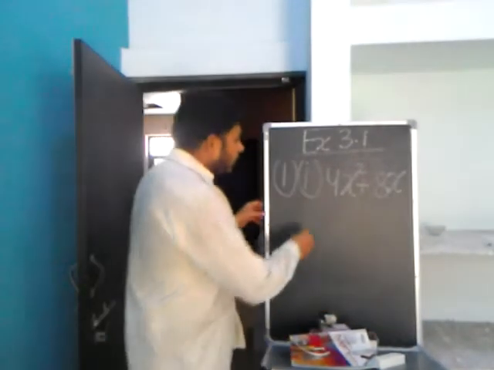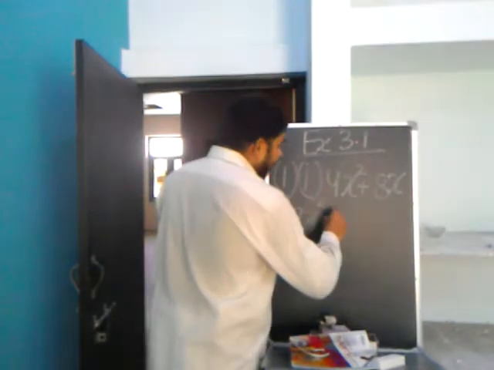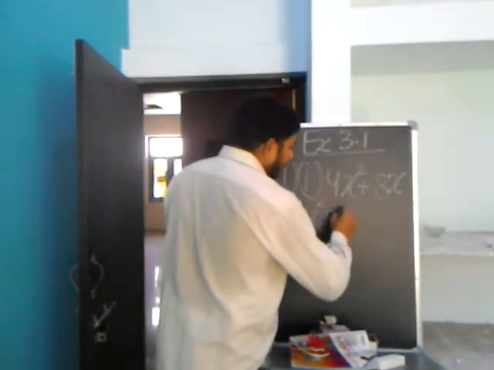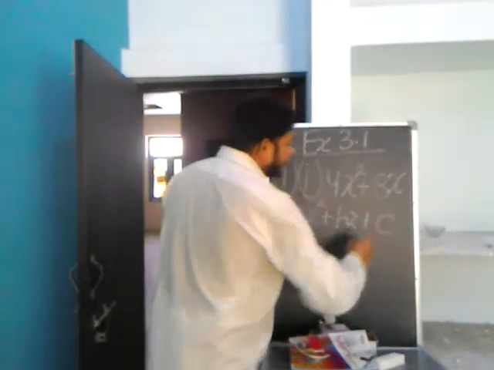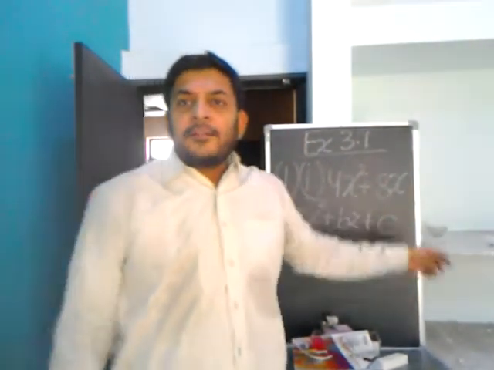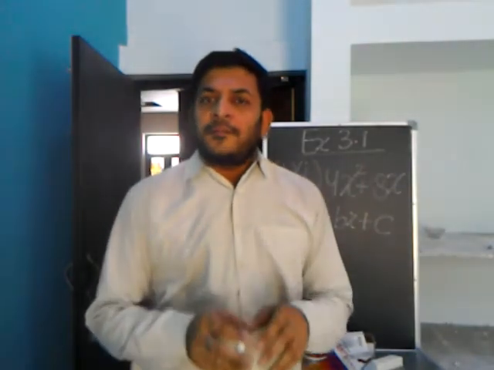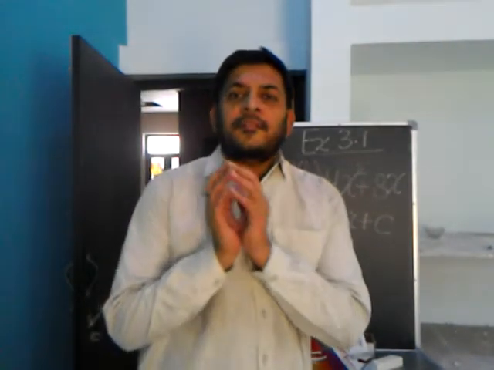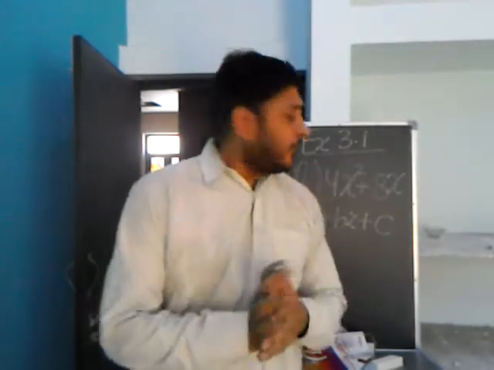But we know that a quadratic polynomial must have ax square plus bx plus c, the part which does not have any variable, just a simple number, 1, 2, 3, 4, 5, anything.